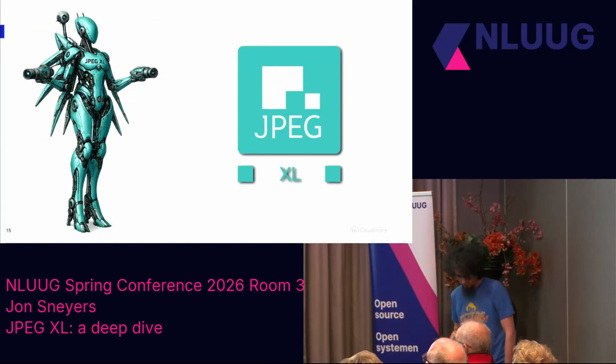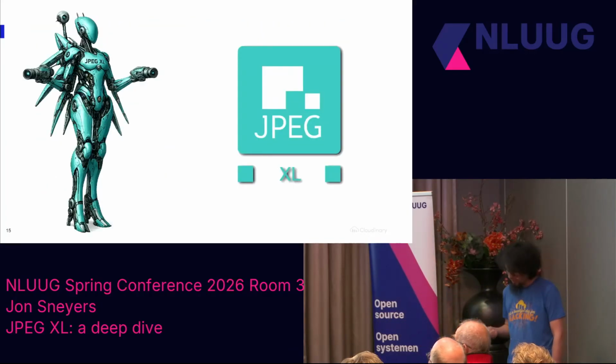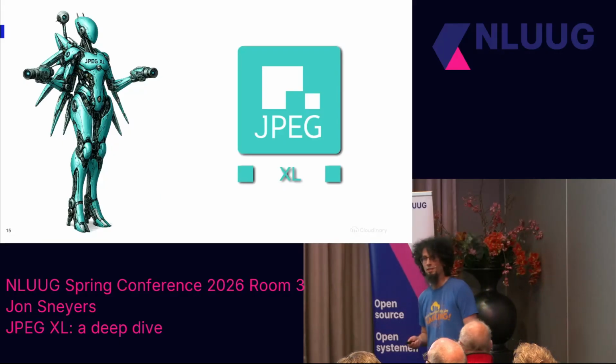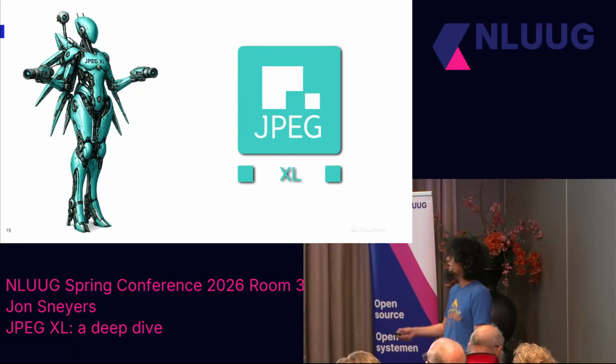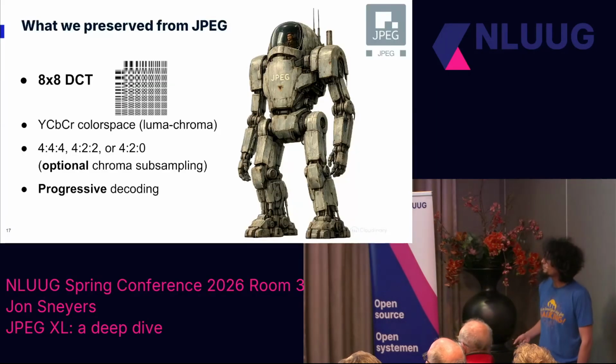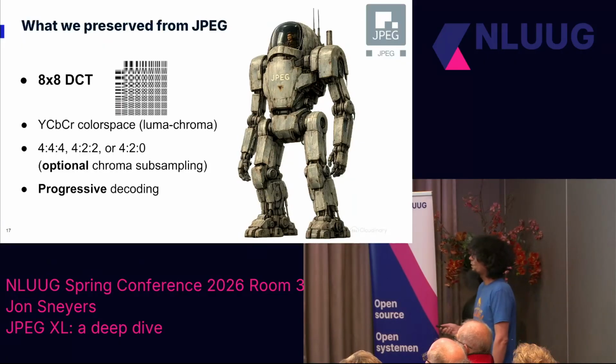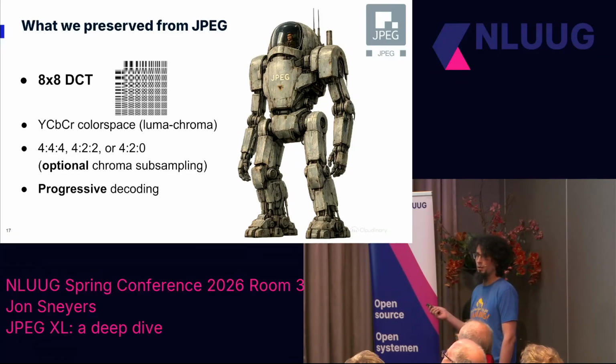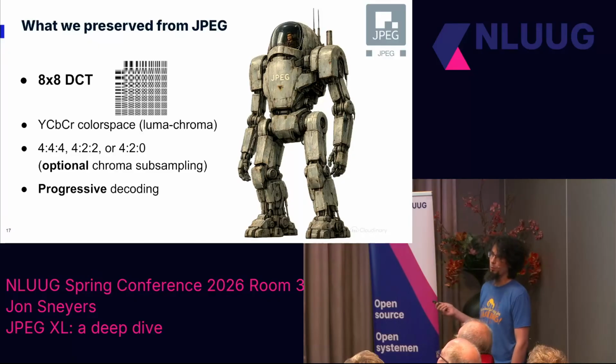Okay, so JPEG XL is yet another candidate, and I hope to convince you that maybe this time we will have something that can actually replace the old JPEG. So what can it do? First of all, we didn't start from scratch. We started by taking the existing JPEG and keeping the functionality that makes it work well.